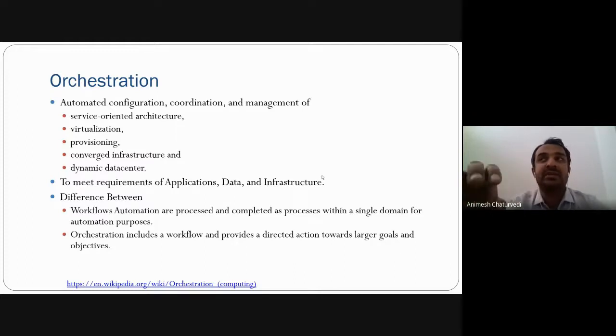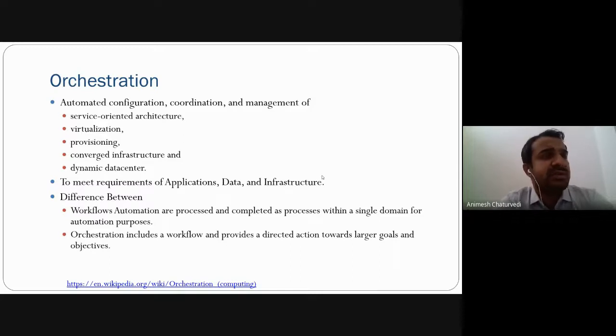Then dynamic data center means there are multiple physical servers kept in the data center. This makes a converged infrastructure, and all these things have provisioning and deprovisioning, which we discussed.